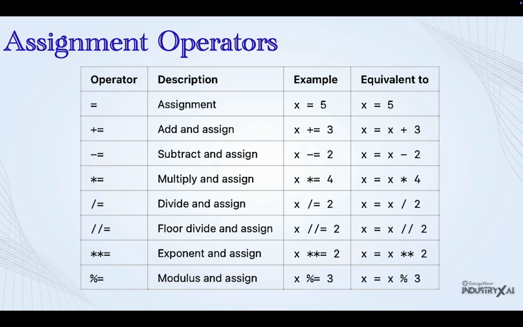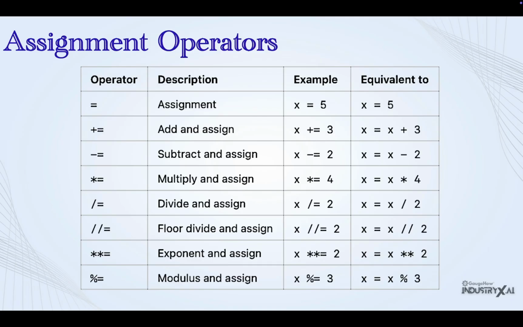Plus equal to means that first we add and then assign the value. As you can see in the example, we have written x plus equal to 3, which means x equal to x plus 3. In the same way, x minus equal to 2 means x equal to x minus 2. You can understand the meaning of the remaining operators the same way.